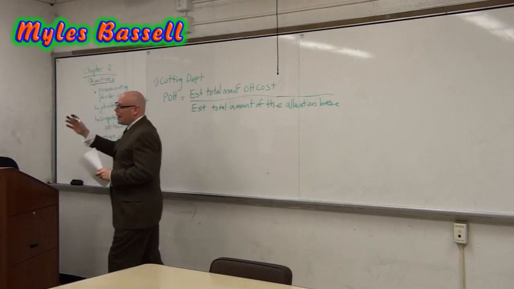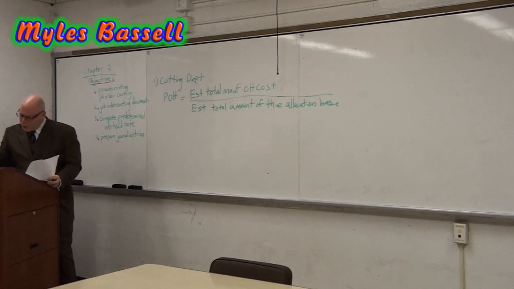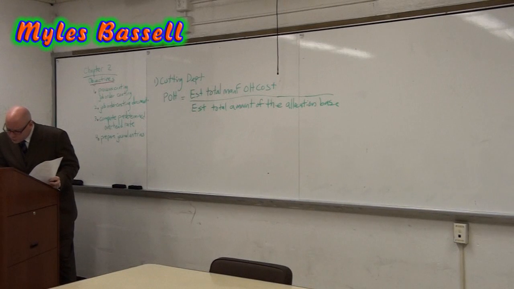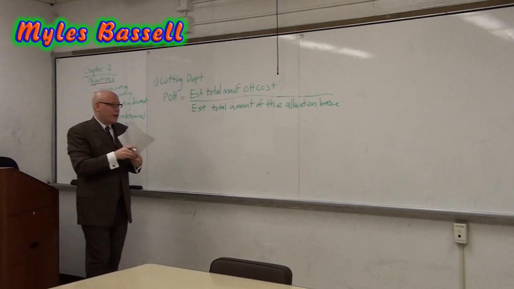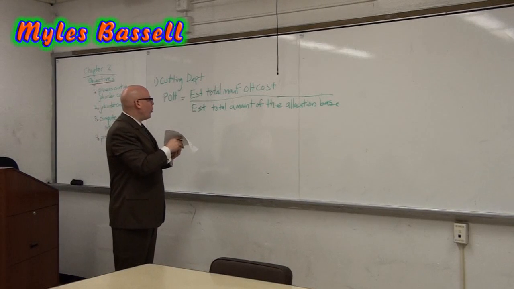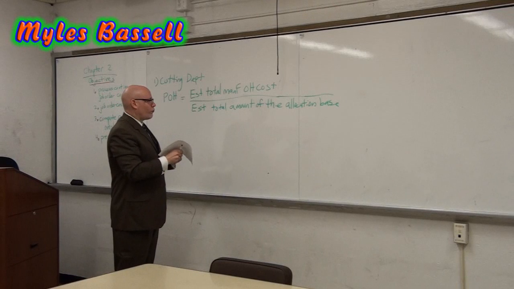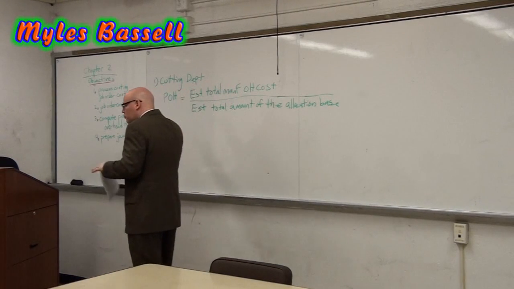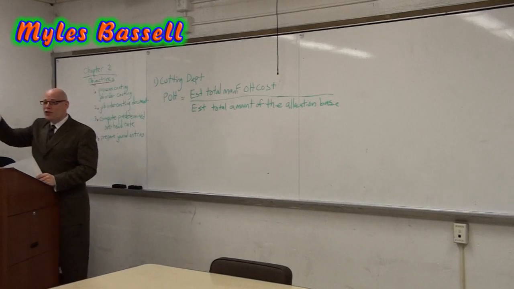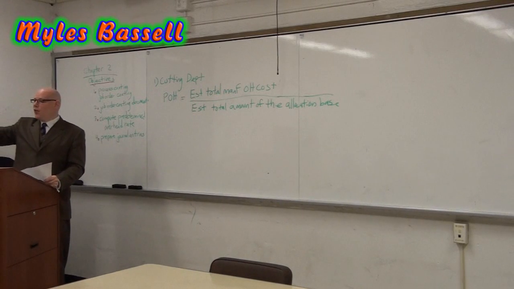So the allocation base could be manufacturing hours, it could be the direct labor hours. We have to decide what's most relevant to our production process. So this is a general term, the allocation base. In some cases it'll be machine hours, in other cases it'll be direct labor hours.